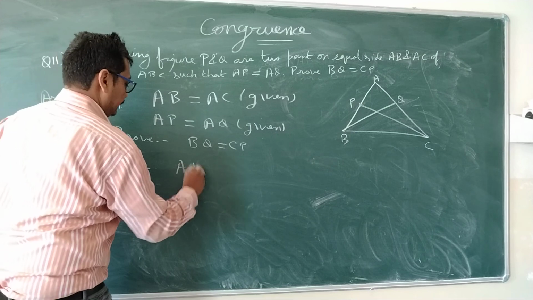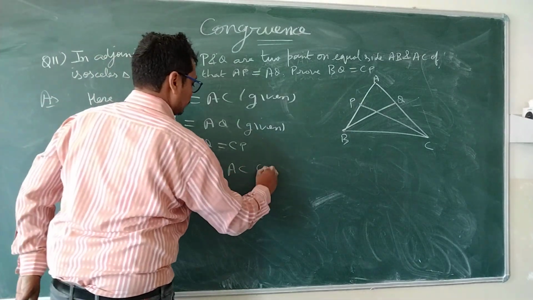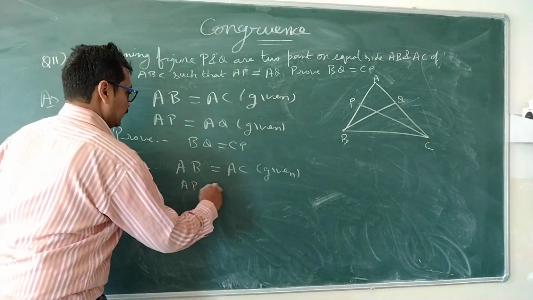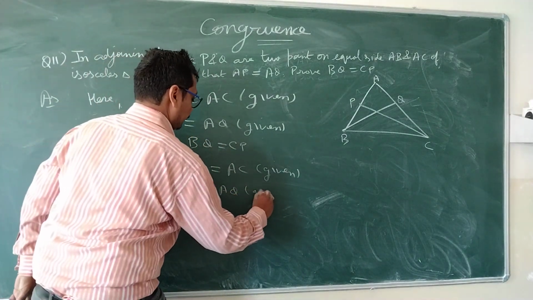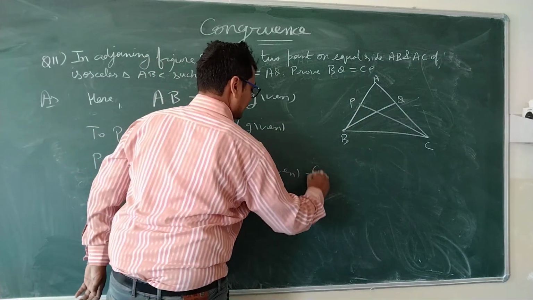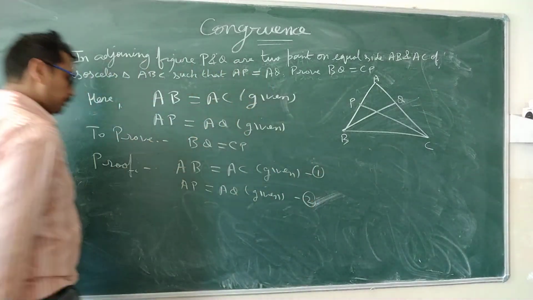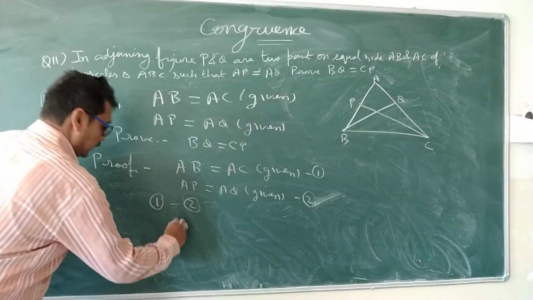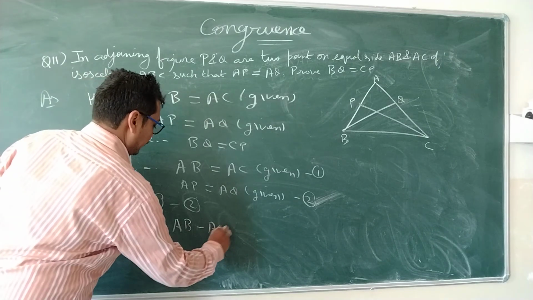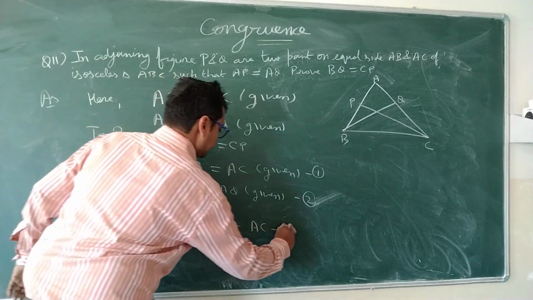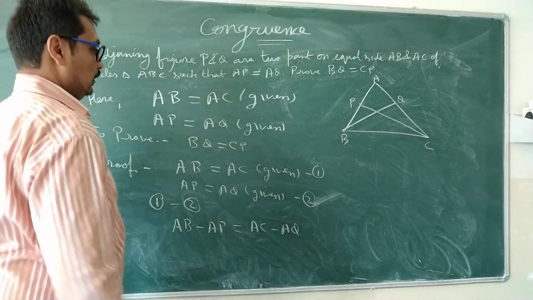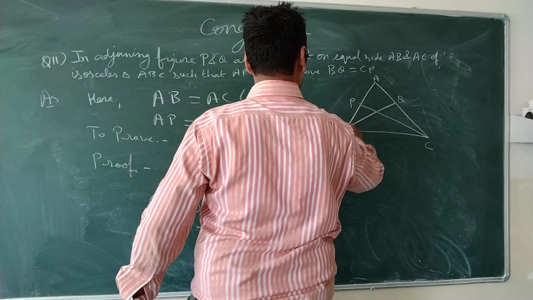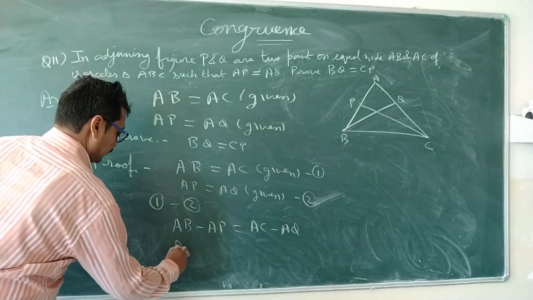Here AB is equal to AC, this is given to us. AP is equal to AQ, this is also given. Let us say this is equation 1 and this is equation 2. If we subtract 2 from 1, we got AB minus AP is equal to AC minus AQ. If from AB we subtract the AP, we got PB.